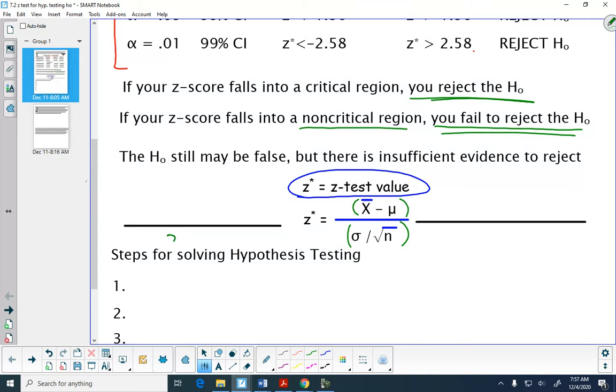If we look at a two-tail test, we're still going to be dealing with this bell-shaped curve. When you deal with a two-tail test, you have critical values on both sides. These are going to be your critical values.